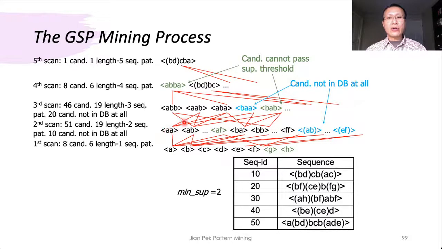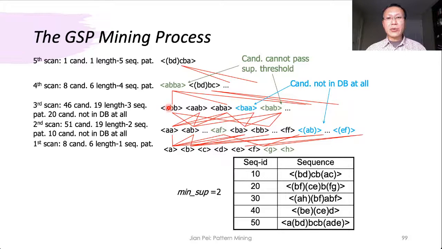We join those length 2 sequential patterns to produce the length 3 candidates, scan the database again, and prune those infrequent candidates. Those surviving ones are length 3 sequential patterns.